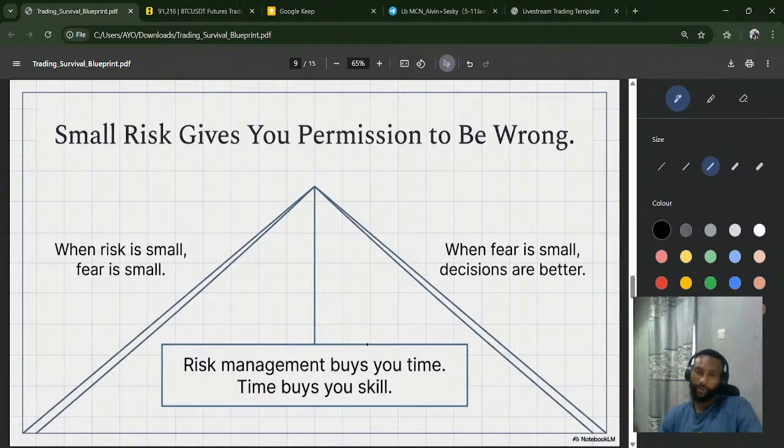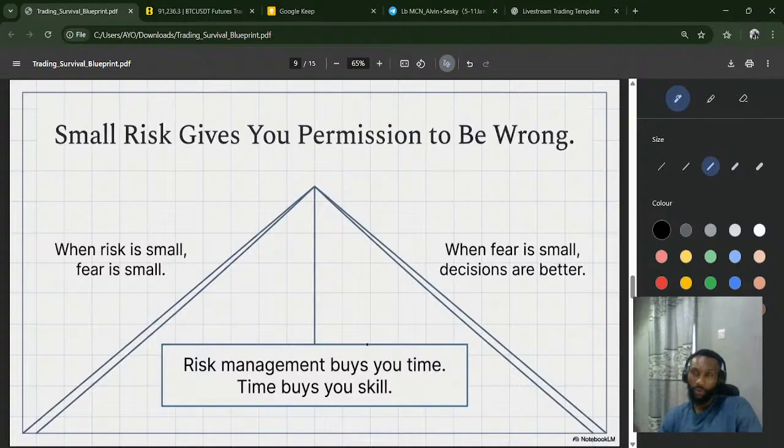That is just it. Risk management buys you time, and time buys you skill. I want you to relax and let that sink in. Small risk gives you permission to be wrong.